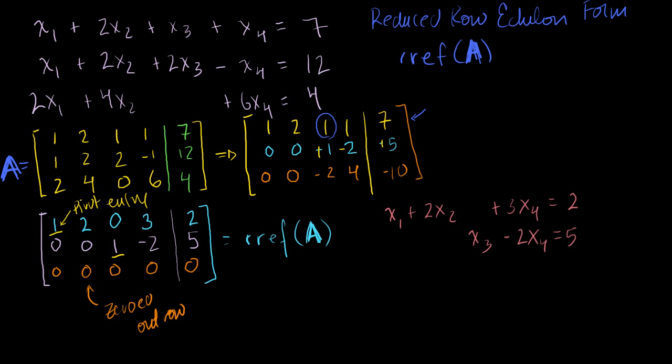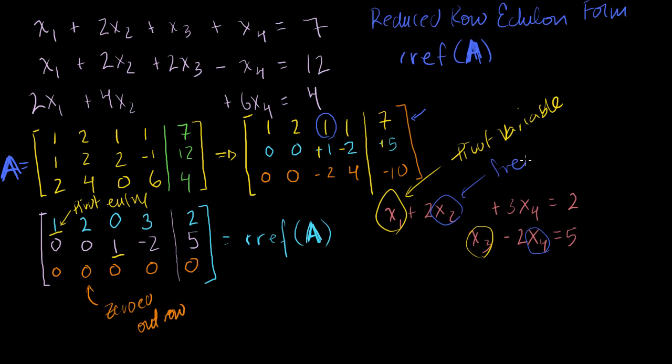Now, the variables that you associate with your pivot entries, we call these pivot variables. So x1 and x3 are pivot variables. And then the variables that aren't associated with a pivot entry, we call them free variables. So x2 and x4 are free variables.